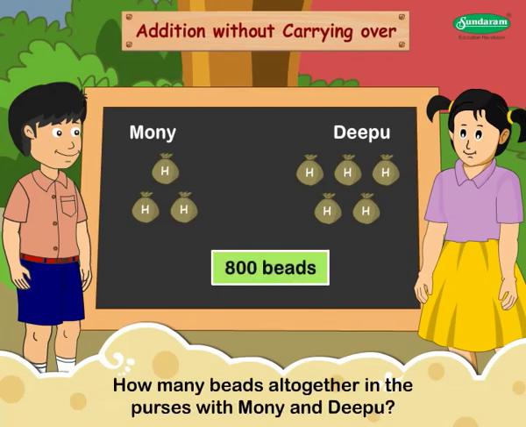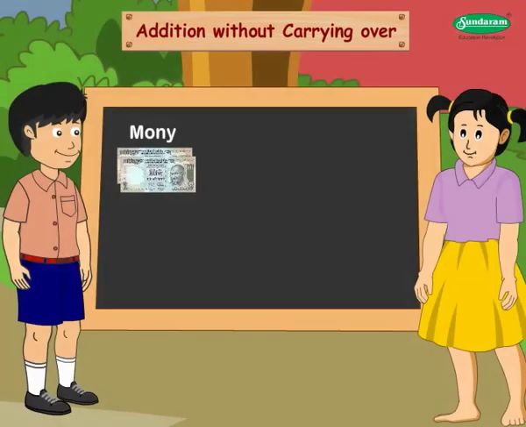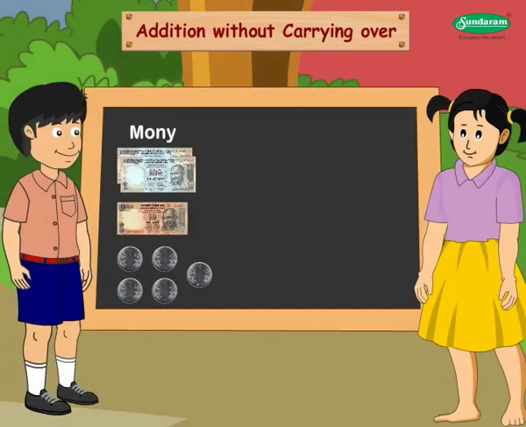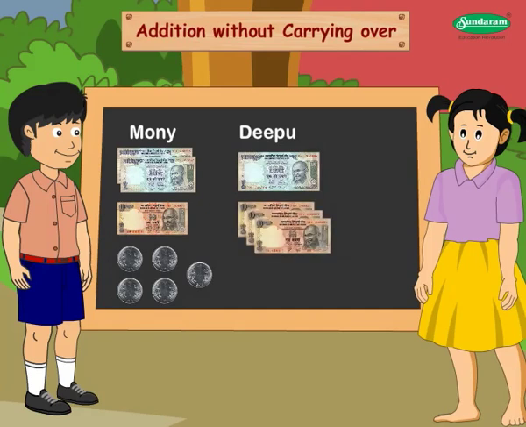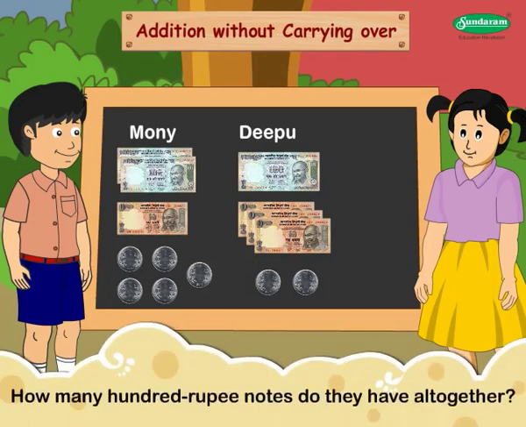800 beads. If Moni has 2 100-rupee notes, 1 10-rupee note and 5 1-rupee coins, and Deepu has 1 100-rupee note, 3 10-rupee notes and 2 1-rupee coins, how many 100-rupee notes do they have altogether?